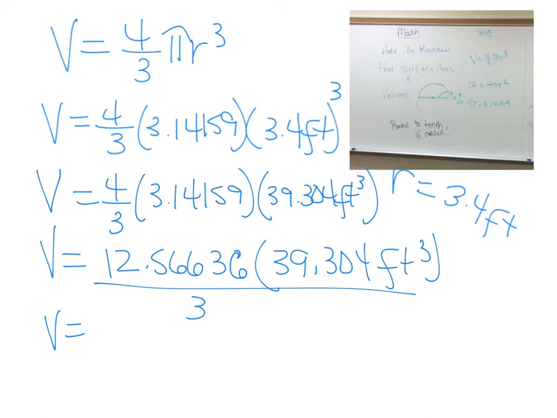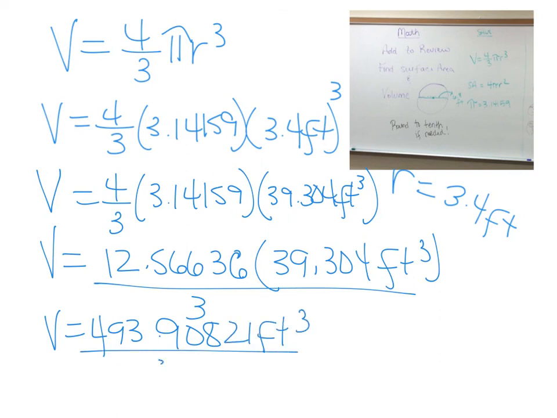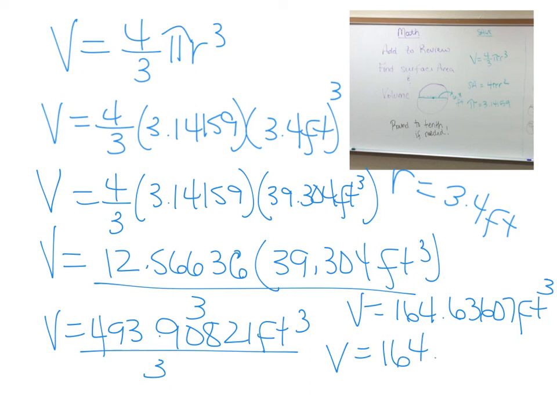I'm not getting rid of any numbers, so I get 493.90821 feet cubed. All right, now I need to divide that by 3, and I get volume equals 164.63607 feet cubed. Equals, when I round to the nearest tenth, that's 164.6 feet cubed.